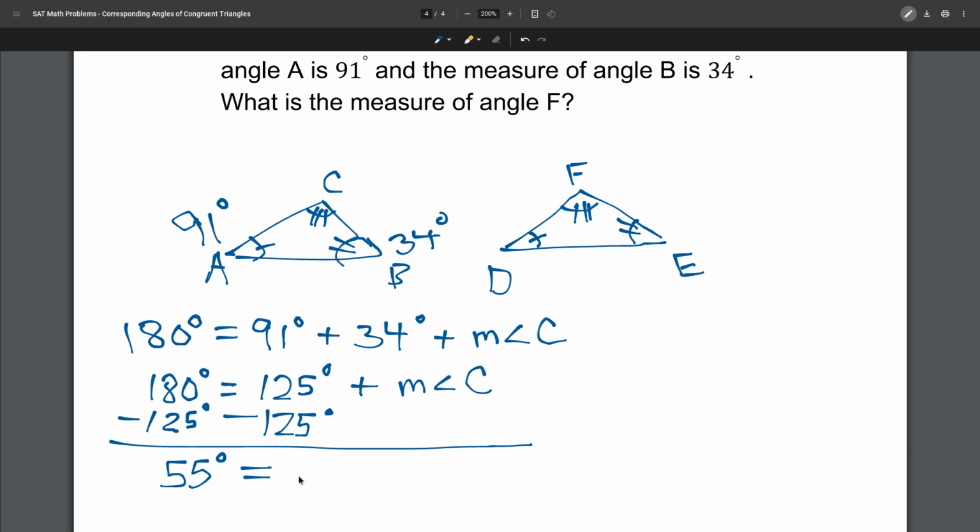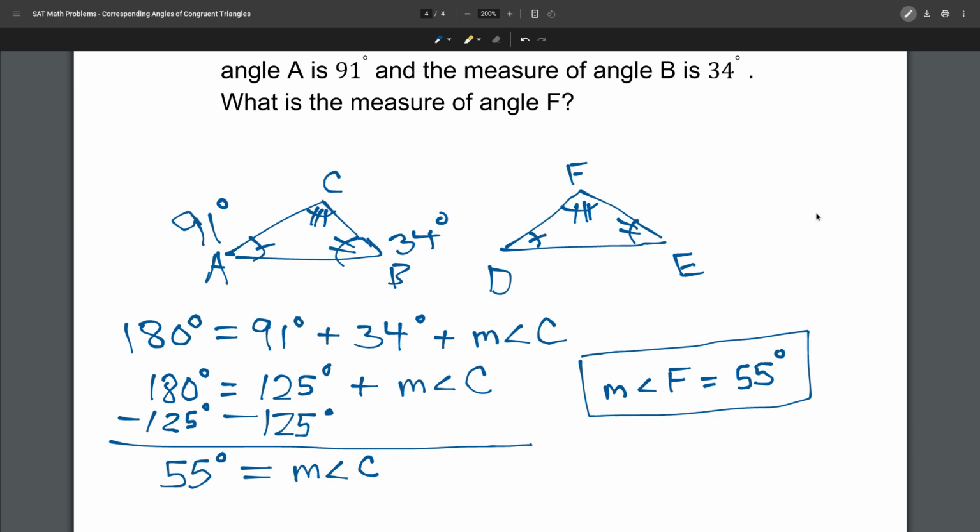So 55 degrees equals the measure of angle C. So the measure of angle F is the same as the measure of angle C. So the measure of angle F equals 55 degrees. And there we go. That's all it is to this problem and the other problems.